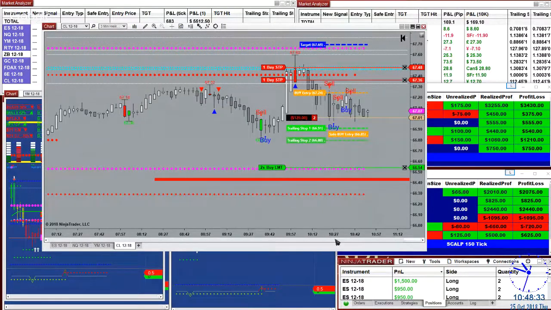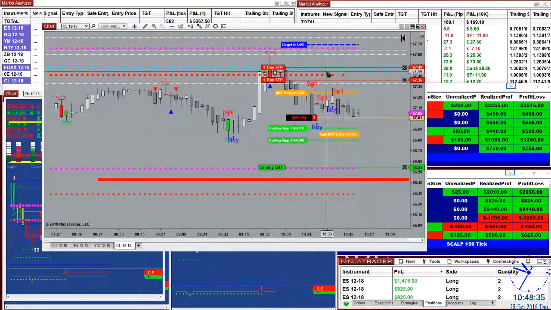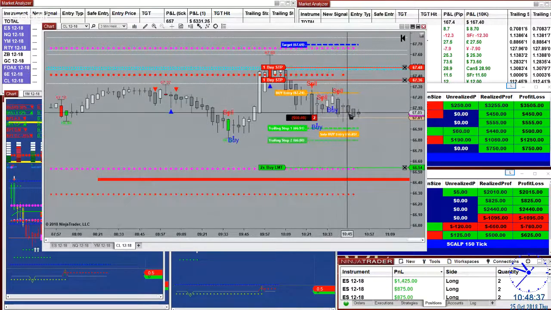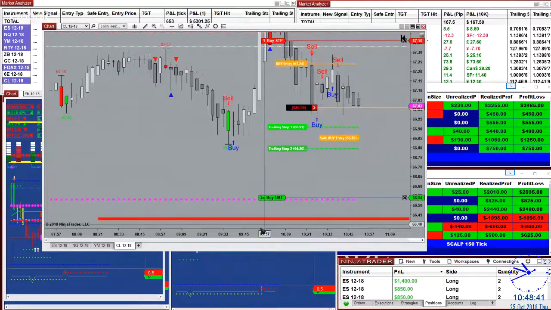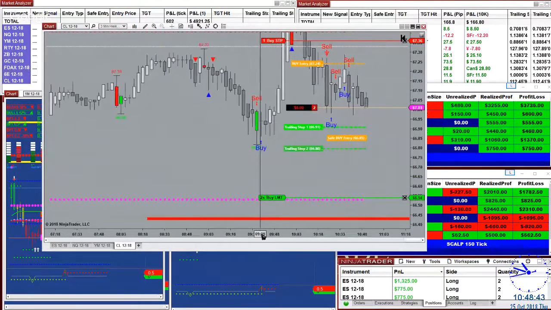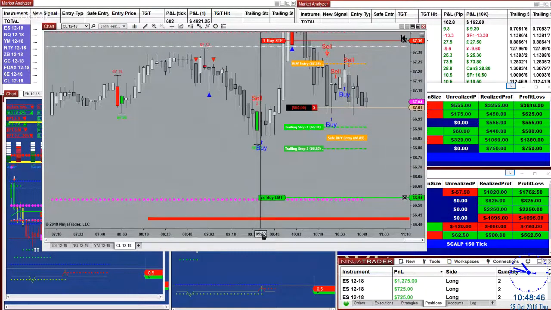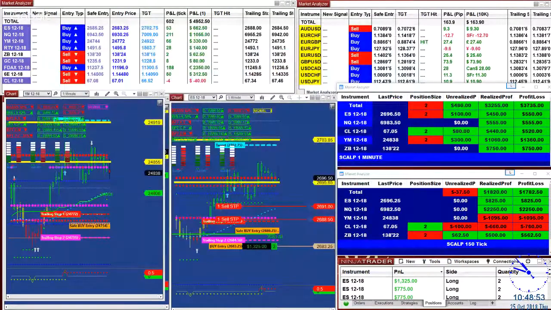Look at this chop on the CL, sell, buy, sell, and it's not going anywhere. Oh boy. 67. It's not going anywhere, that CL. So we are stuck with the CL.